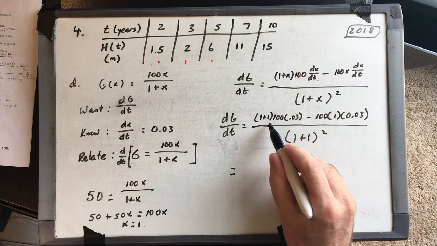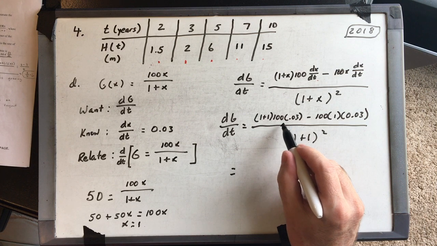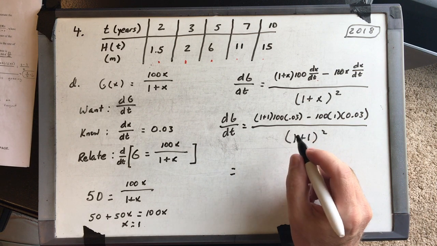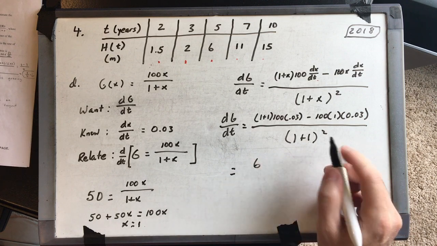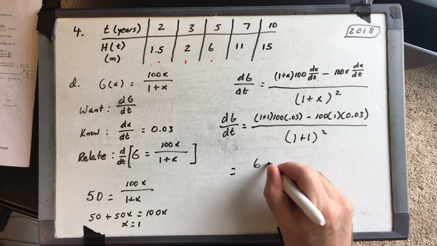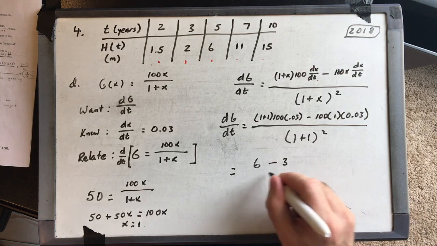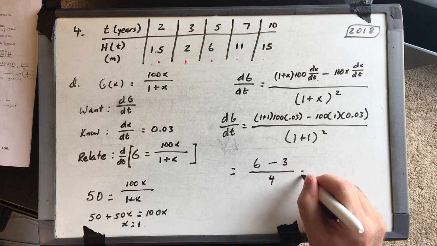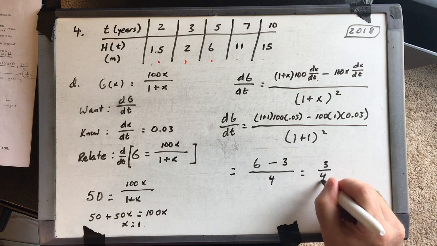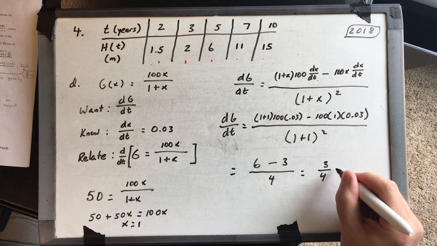All right, that's 200 times 0.03, so that would be 6, right? Minus 3, 100 times 0.03 would be 3, over 2 squared is 4. So that's 3/4, the rate of change.